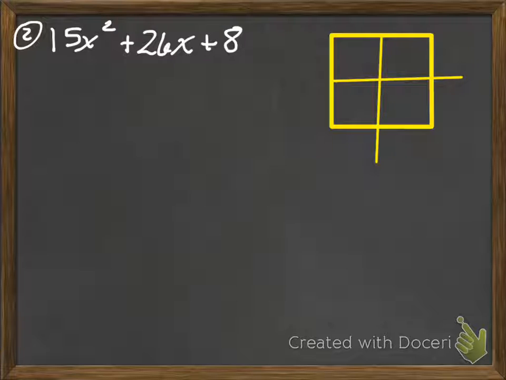So what do I multiply together? 15x squared times 8. That's 120. Okay. Are we going to be looking for the same sign or opposite signs? Same.